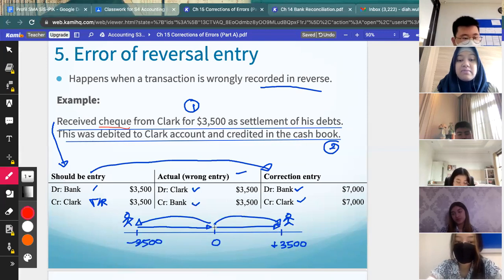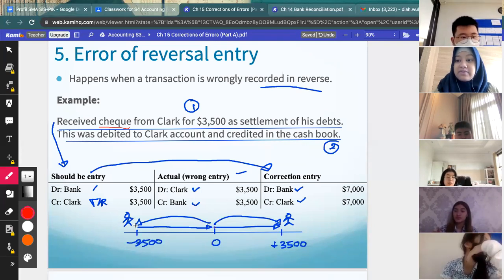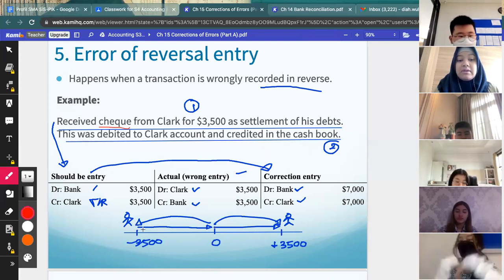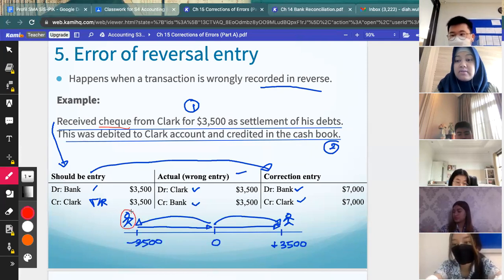So instead of moving to the right side, you are moving to the left side by 3,500. Right now you are in this position, which is wrong, when you should be in this position.